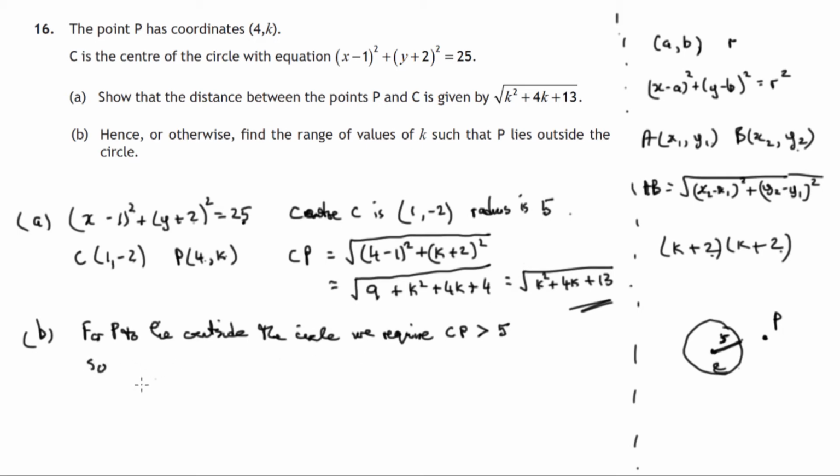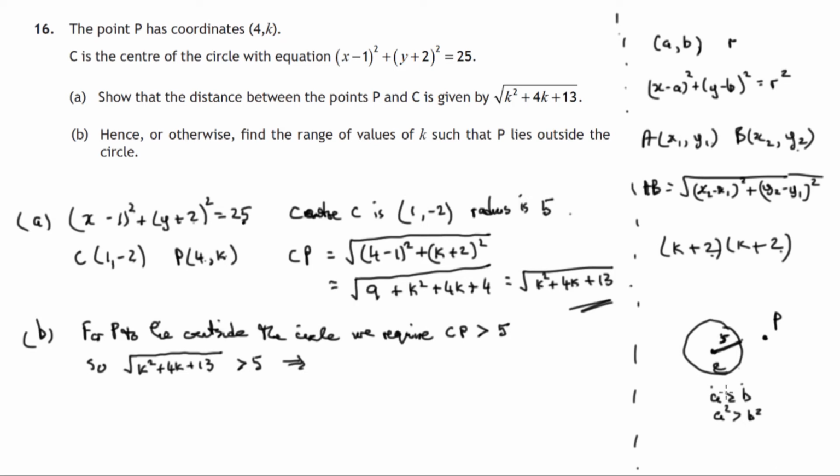Well, we know the distance from C to P. We've worked that out. It's the square root of k squared plus 4k plus 13. So that distance greater than 5. Let's square both sides. They're both positive numbers. If a is greater than b, then a squared will be greater than b squared, providing they're both positive, which these are.